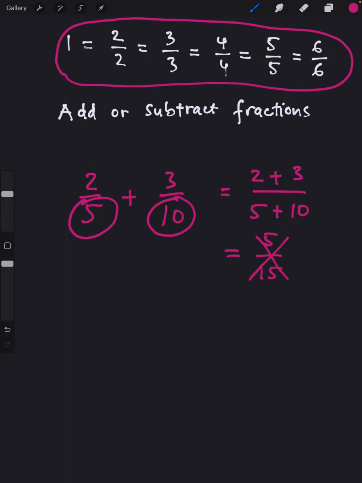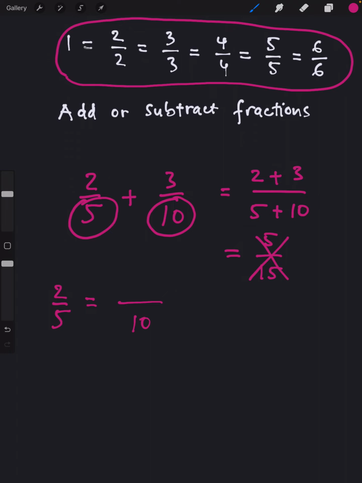We cannot add like that. Why? Because the two denominators of the two fractions are not the same, we cannot just simply add them together. What we must do is convert the fraction 2 over 5 into something that has 10 on the bottom, so that we can add it to 3 over 10.